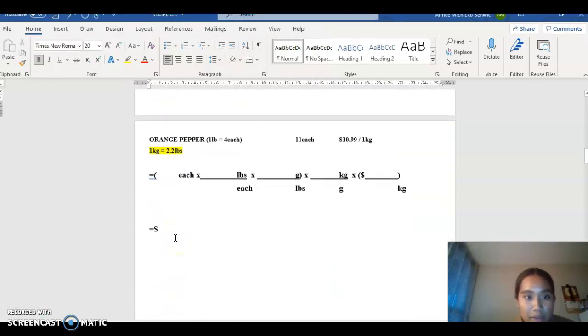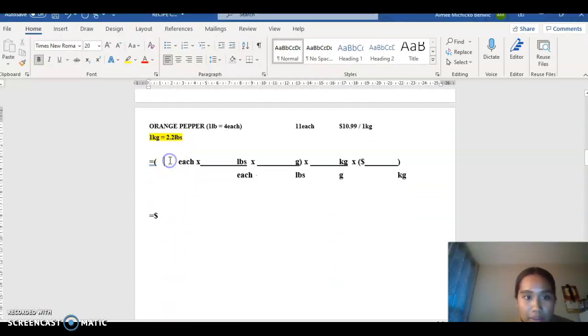So for the next item, orange pepper, I have 11 peppers here, and we have to go 2 kilograms. So we're using the weight equivalency of in 1 pound there's 4 peppers, and pounds and kilograms are different units, so we have to convert further.